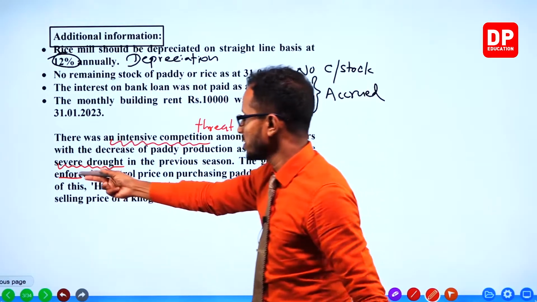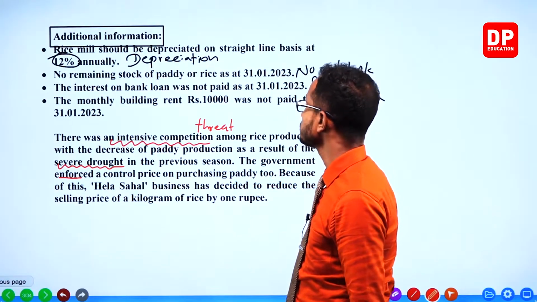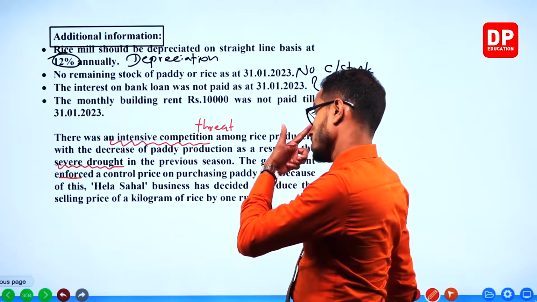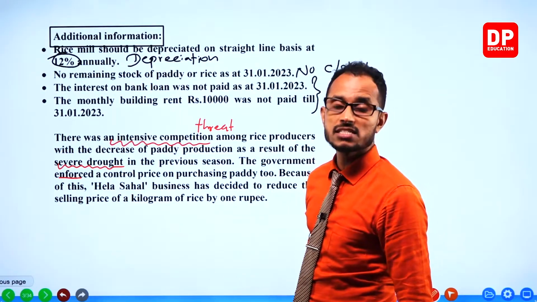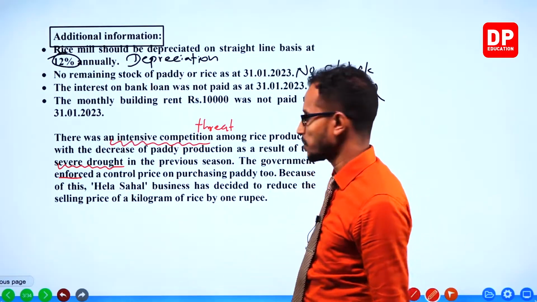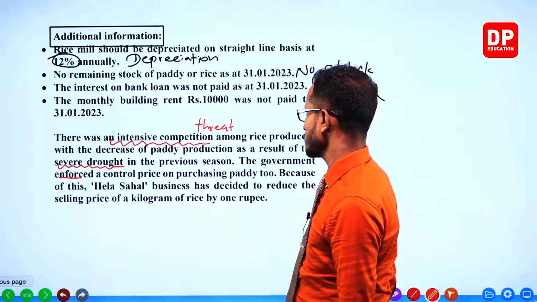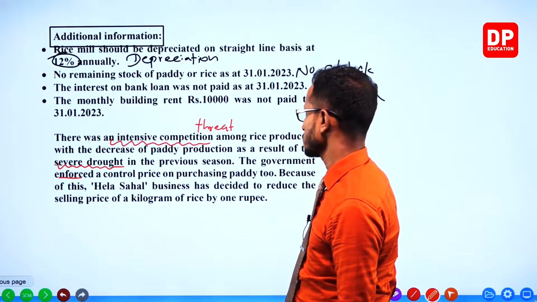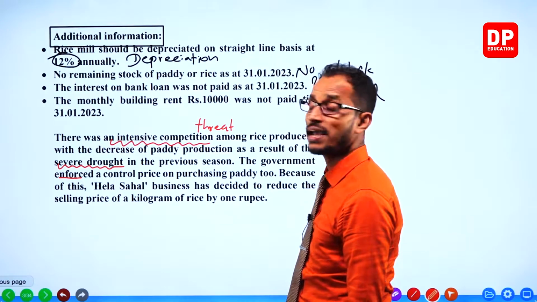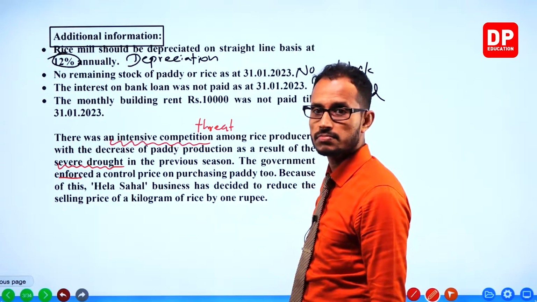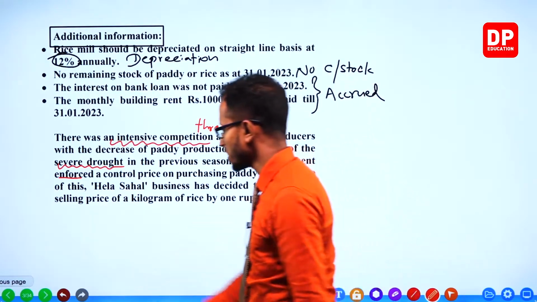The government enforced a control price on purchasing paddy. The control price mechanism is economic environment, because of this the demand and supply has gone down. Those are economic factors.